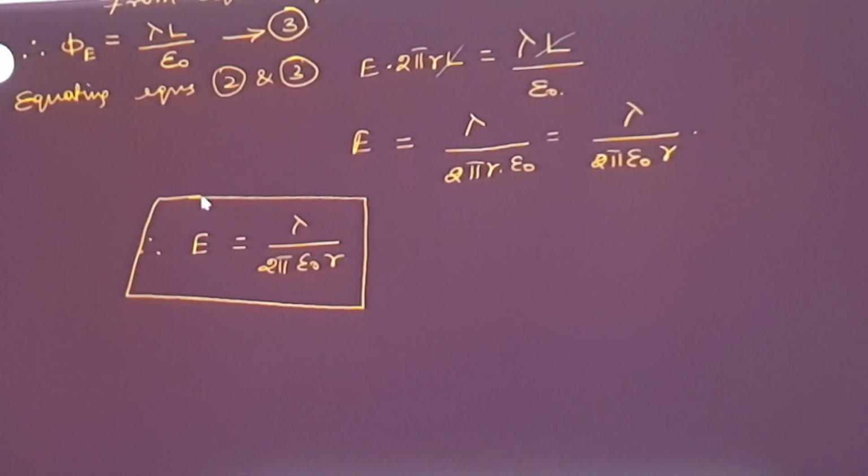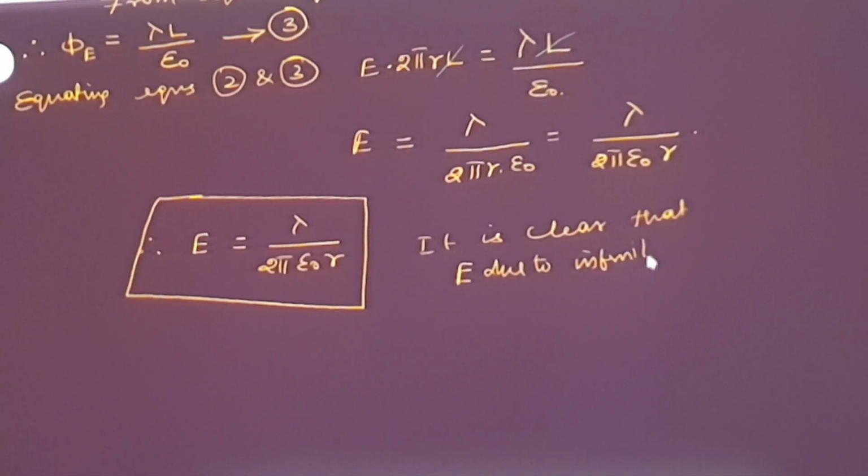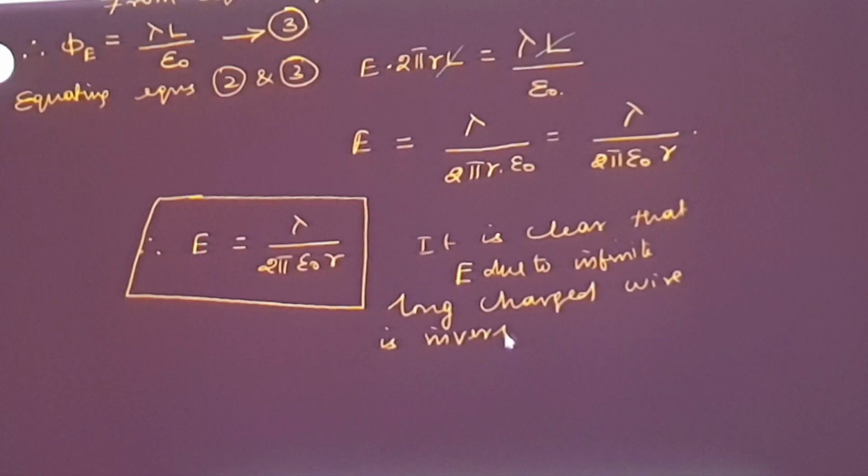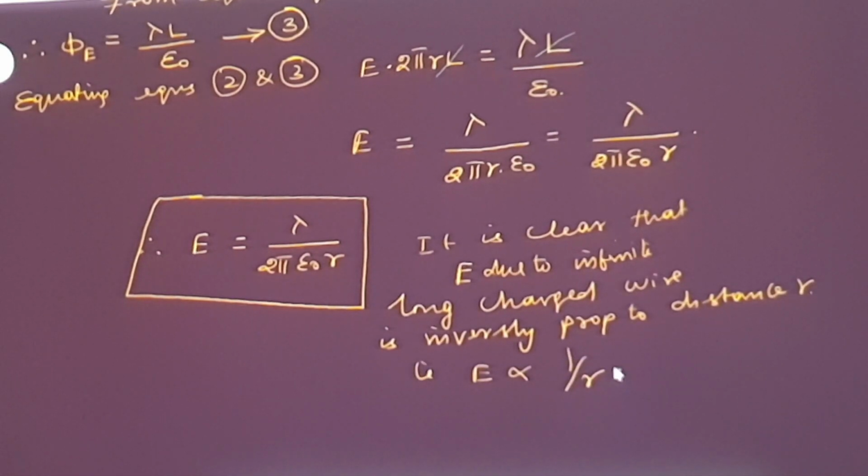From this equation it is clear that electrical field E due to an infinite long charged wire is inversely proportional to the distance r from the wire. That is E proportional to 1 by r.